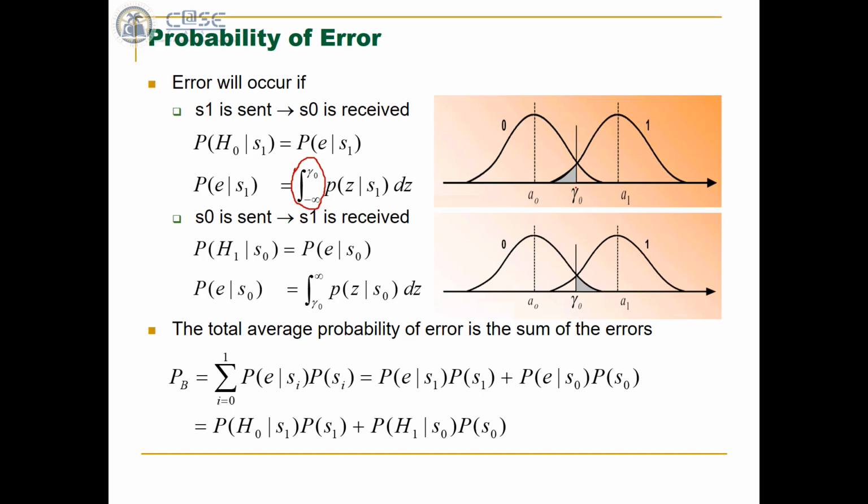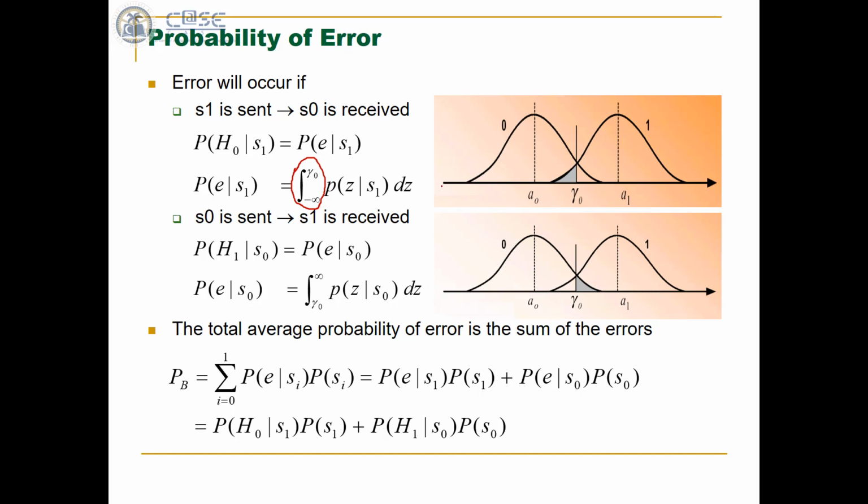In all those regions, the likelihood probability of signal class S0 will be greater than the likelihood probability of signal class S1. You can see here the gray portion there. In all those areas and regions, the likelihood probability of signal class S1 is greater than the likelihood probability of signal class S0, right?